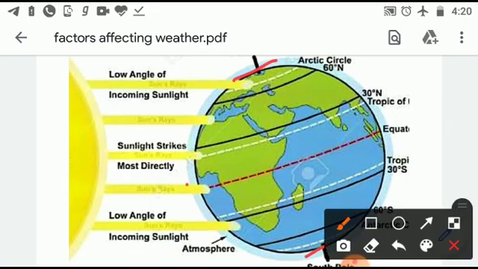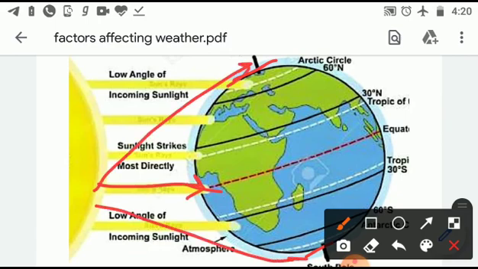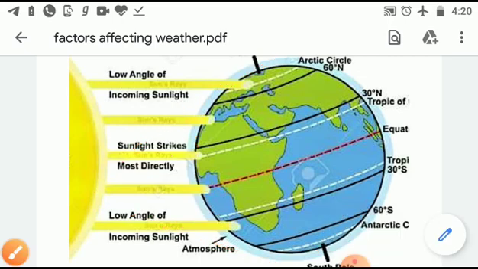So the areas nearer to the equator, that is between the Tropic of Cancer and Tropic of Capricorn, have a hot and humid climate, and just beyond that the climate becomes colder and colder. In this way you see how the sun rays strike the different parts of the earth.